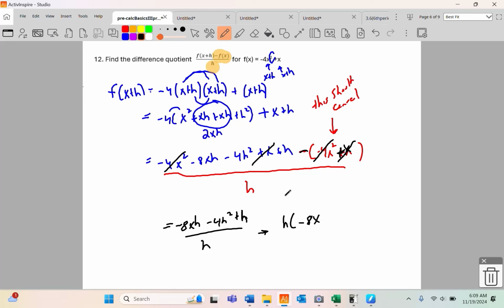I'm going to pull it from this guy first, plus 1, and then minus 4h. I did that because of order. I pulled an h from 4h squared, and there's an h down low. This is the cancellation. And this is what I'm left with. That's the difference quotient, which is also known as a derivative. It's a derivative.